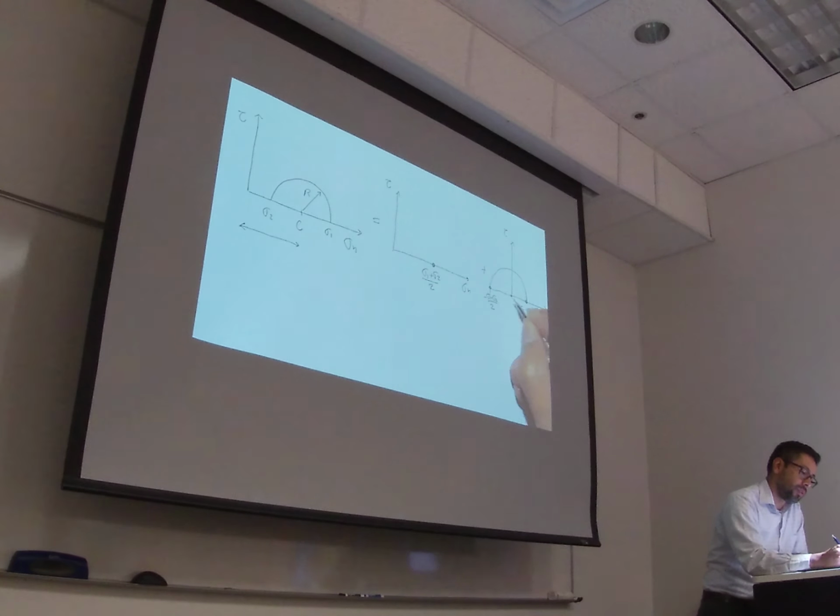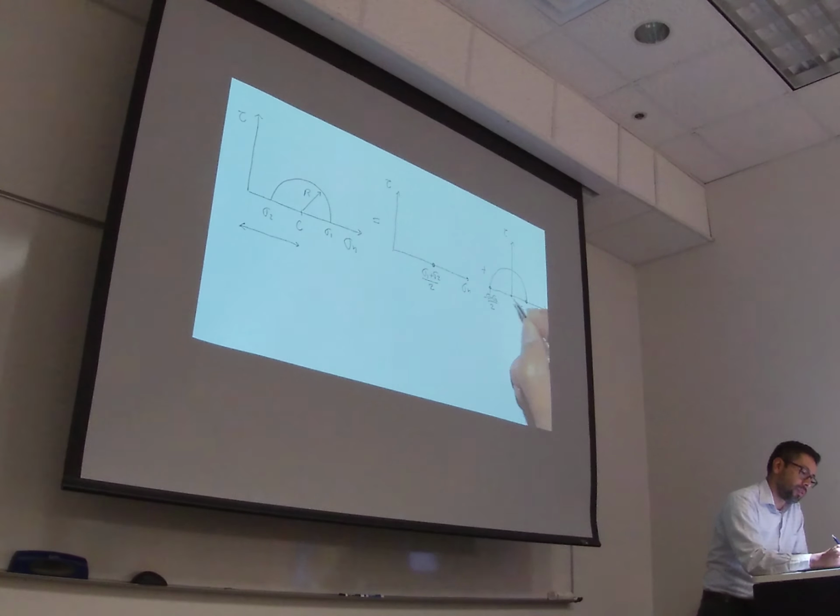So decomposing the Mohr circle, or the state of stress, in 2 is going to give me one component, which is isotropic. Here, the Mohr circle is just so small, it's just 1 point.